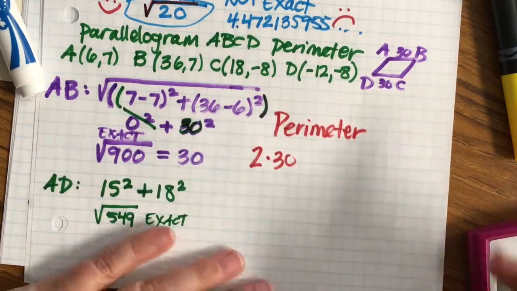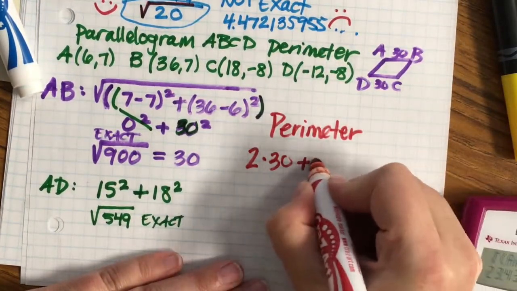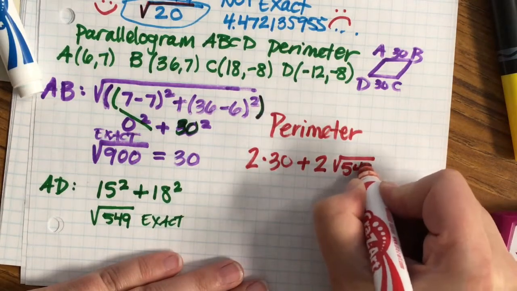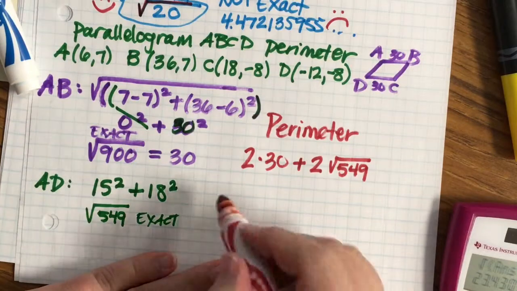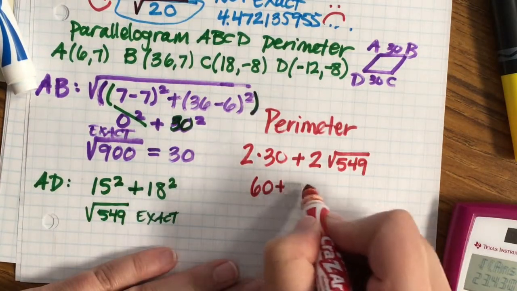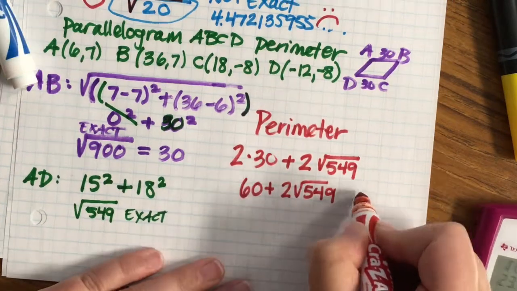Okay, so to find the total perimeter now, we'd have two of them that are 30, right? Because I have the one on the top and the one on the bottom. And then I add on two of them that are the square root of 549. So what is 2 times 30? So technically, this is the exact answer.